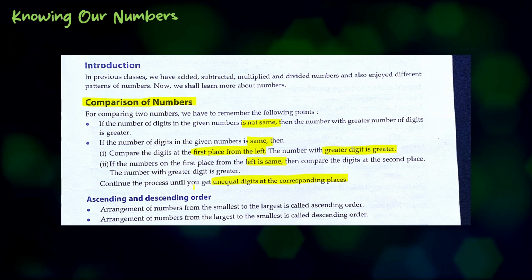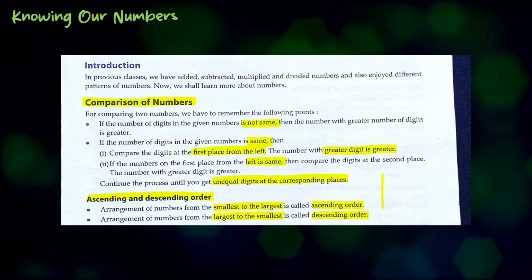This is one topic, and the next topic is ascending and descending order. What is ascending and descending order? Arrangement of numbers from smallest to largest is called ascending order. Arrangement of numbers from largest to smallest is descending order.